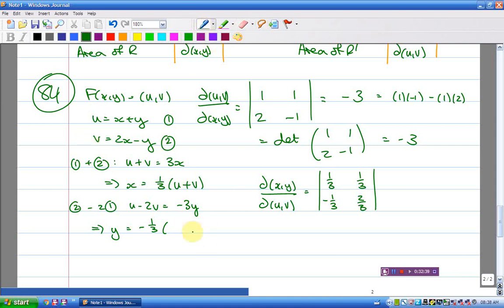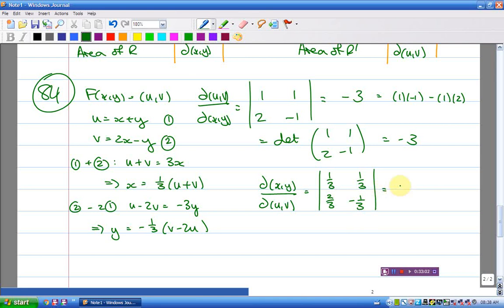It's v minus 2u, not u minus 2v. When I made y the subject, I messed up a little bit. Okay, now I'm going to have 2/3 and minus 1/3. Now it makes sense. I could see that I wasn't going to get the reciprocal of the other one, and I knew I had to, so I knew I'd made a mistake somewhere. I just needed to find it.